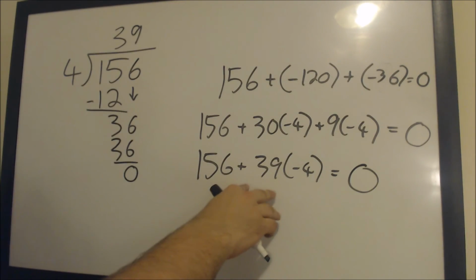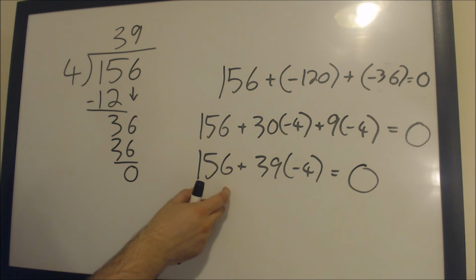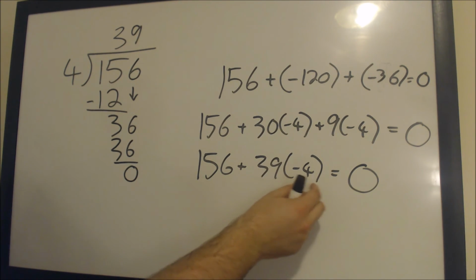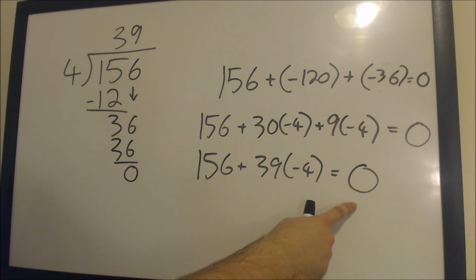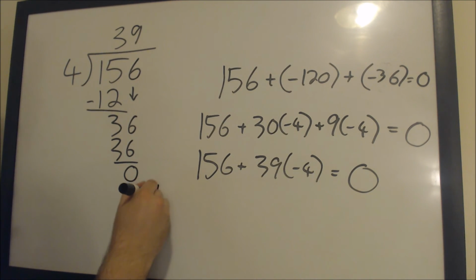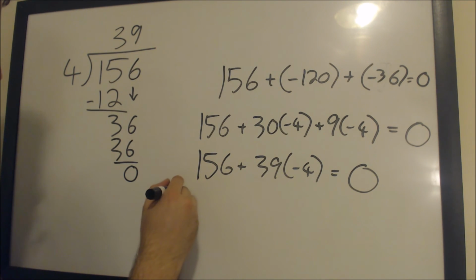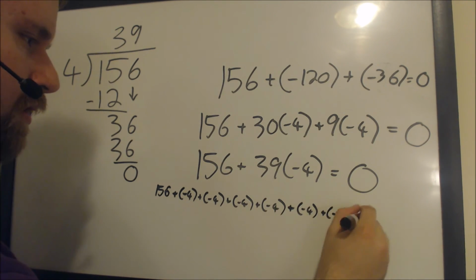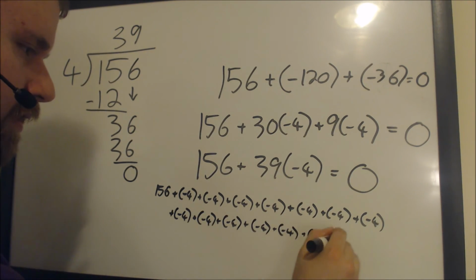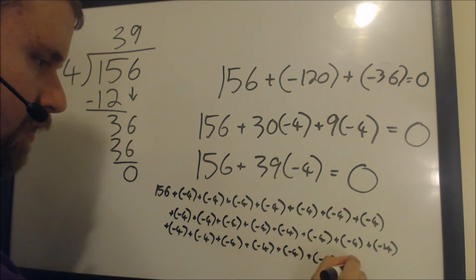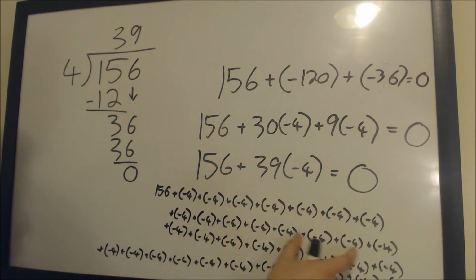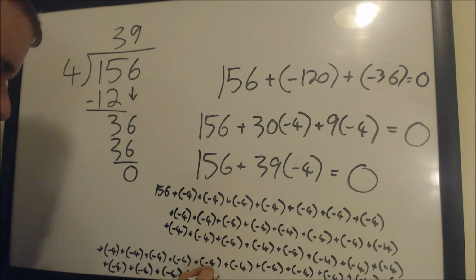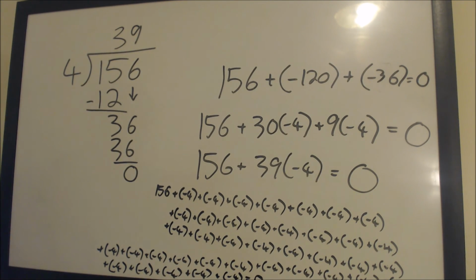And this would be the same as if I took 156 and subtracted 4 39 times until I got 0. There's 39 negative 4s.